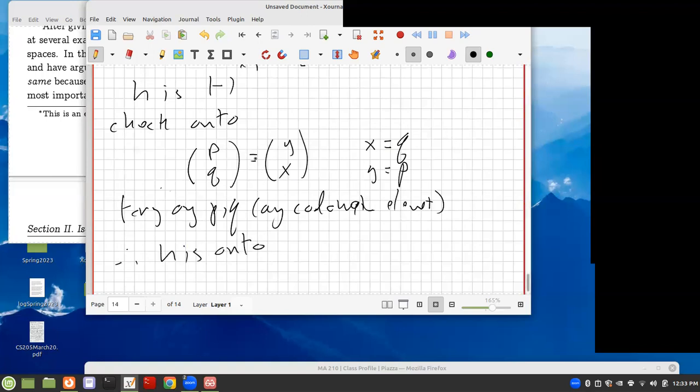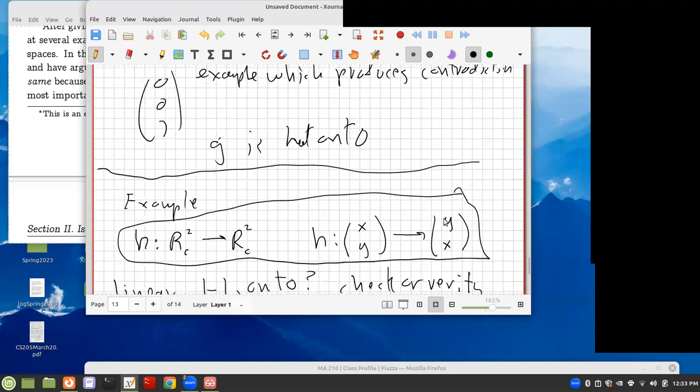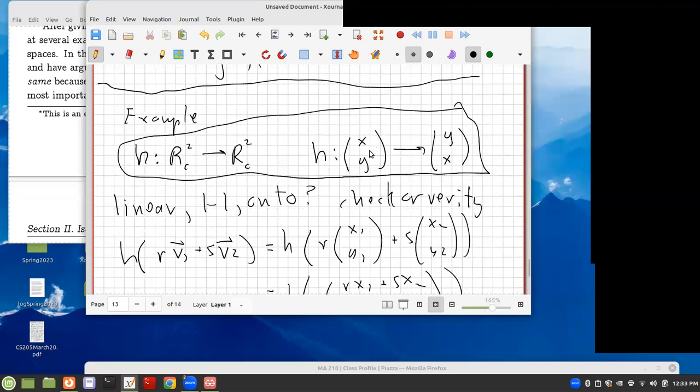Maybe this seems like a little bit of sleight of hand because it's so simple. But the point is you can see directly from this map that it's just switching X and Y. So it's onto because if I choose any numbers X and Y here, I can just reverse them and find the vector that came from it. And it's one-to-one because if I choose any vector here, it goes to a different vector here.